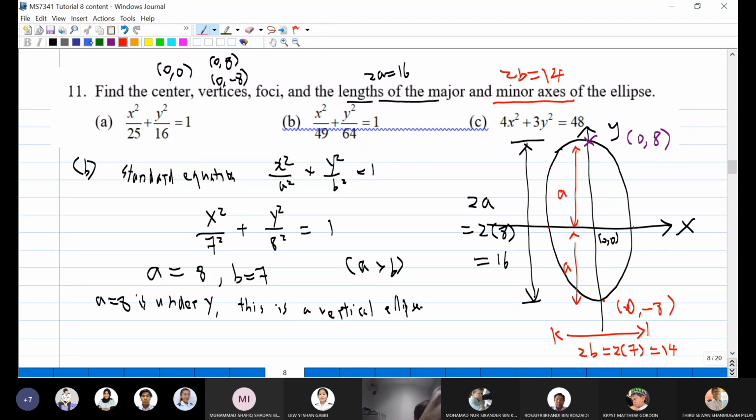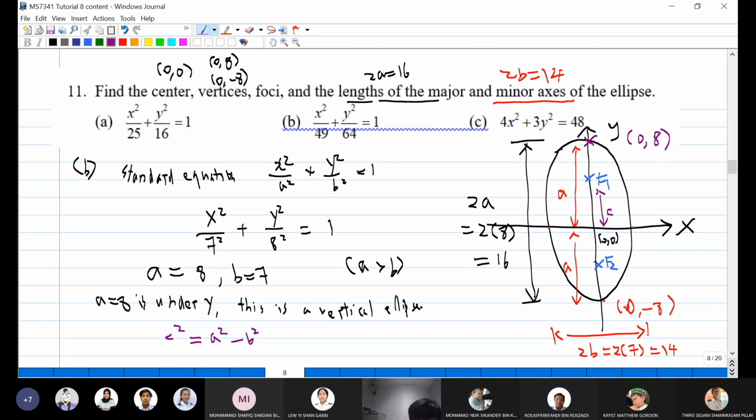Okay, then the foci. Foci are points on the major axis. So let's say this is F1 and this is F2 here. The distance from the center to a focus is called c. So the formula is c squared equals a squared minus b squared.